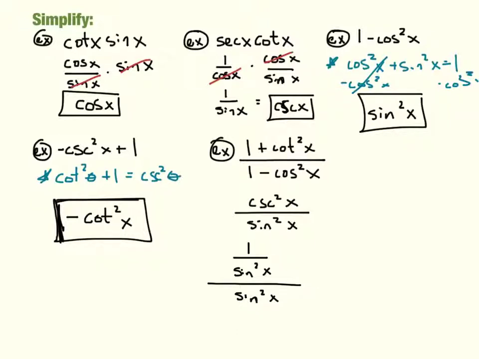So now I have a fraction in the numerator. This is pretty much a fraction in the denominator, right? It's just divided by 1. So to get rid of this, I'm going to flip it and multiply. So times 1 over sine squared x. Alright, so now this all equals 1 over sine to the 4th x.